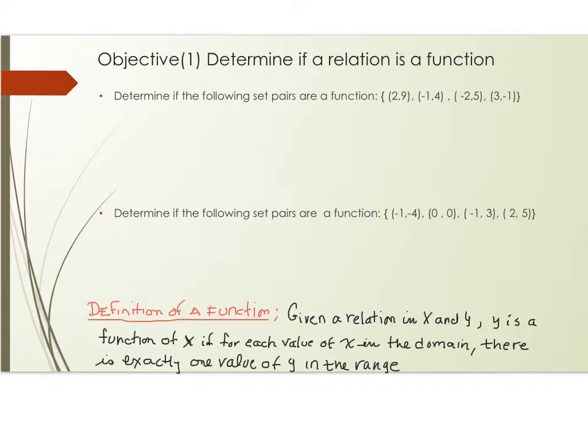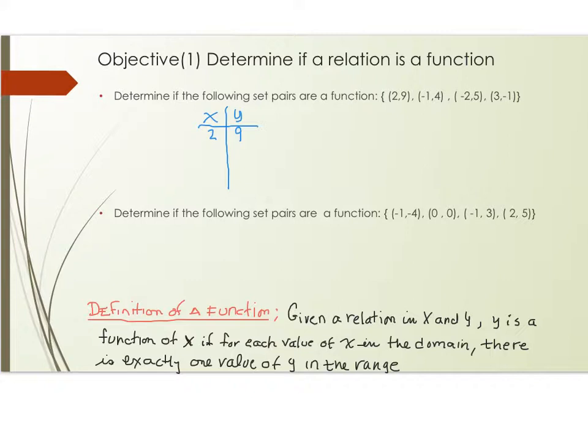So to see if a set of pairs are functions in x and y, I create a table. Actually, I'll just do a column for x and y here, and I see I have 2, 9.